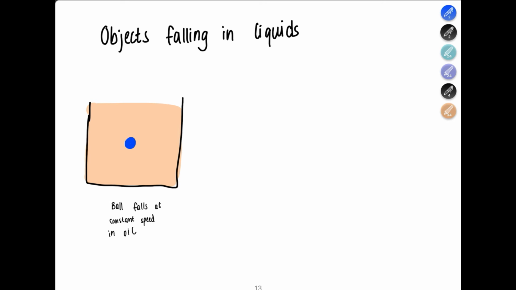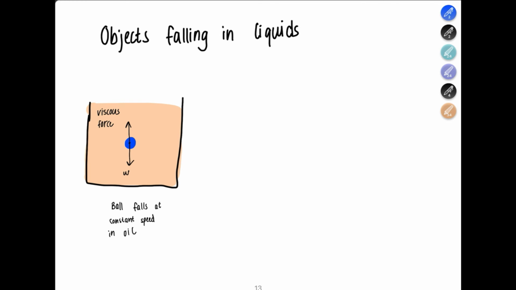So can you draw the forces? We'll also introduce a new force here. So first of all, of course, is the weight of the object, which is acting downwards. Now, there is also an upward force. If this was air, it would be air resistance, but this is a fluid, so we will call this a viscous force. When an object is immersed in a liquid, it also experiences an upward force because of the pressure of the fluid.